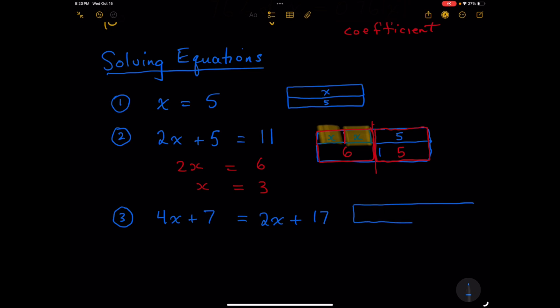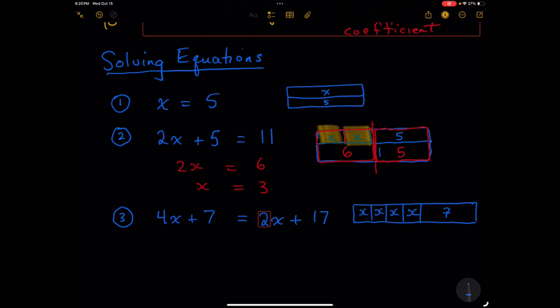I kind of like this view of things. I've got 4 x's: 1, 2, 3, 4. So this is x. It's unknown. It's just a box. There's going to be a number in there. And then 7. Okay, so I've got 4x plus 7.